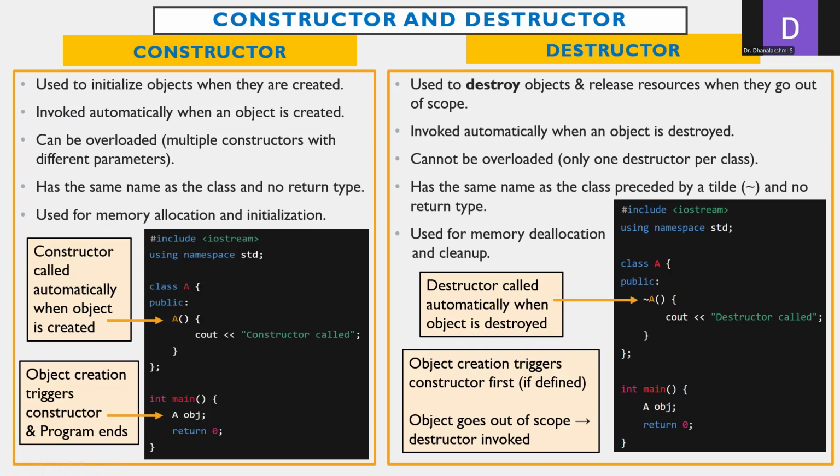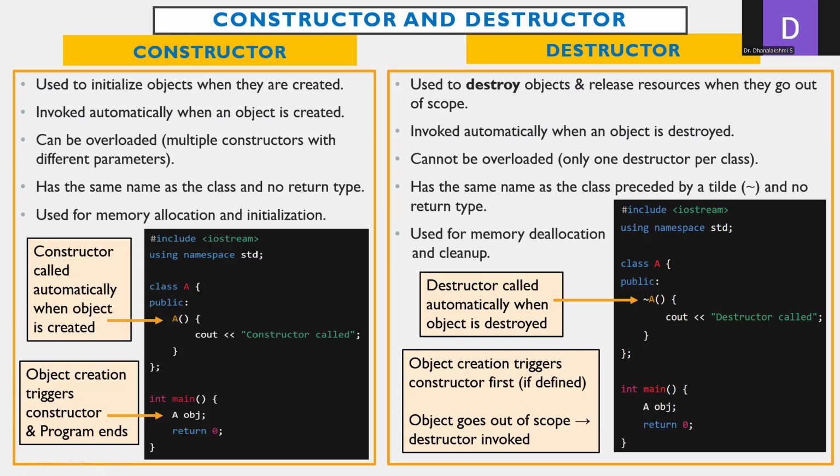Now, at the end of the program, when the object is no longer needed, maybe the function ends or the program finishes, another special function runs automatically, which is called a destructor. Its job is to do the opposite: clean up whatever the constructor has set up.